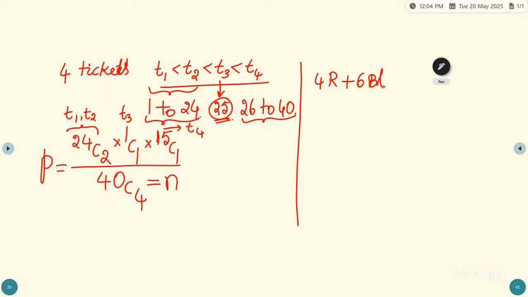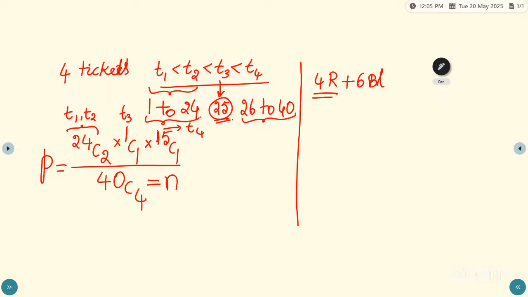What is the probability that both the balls are of the same color?